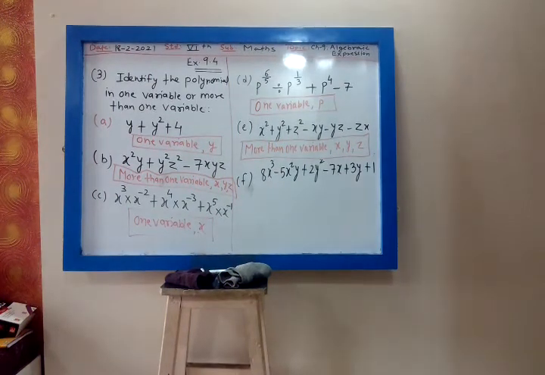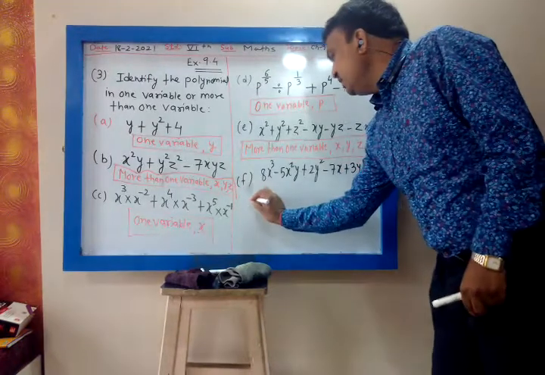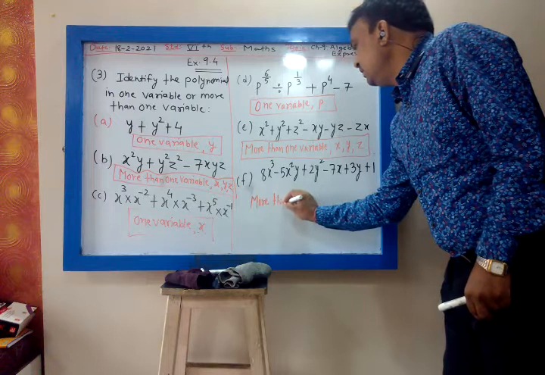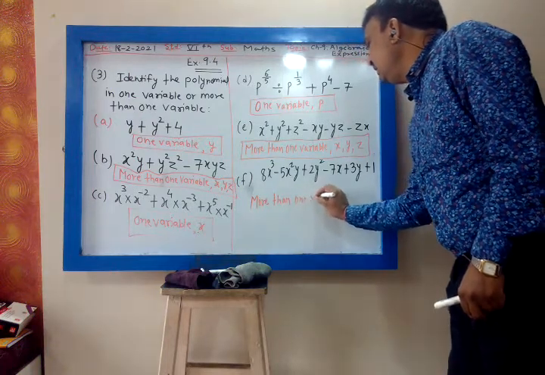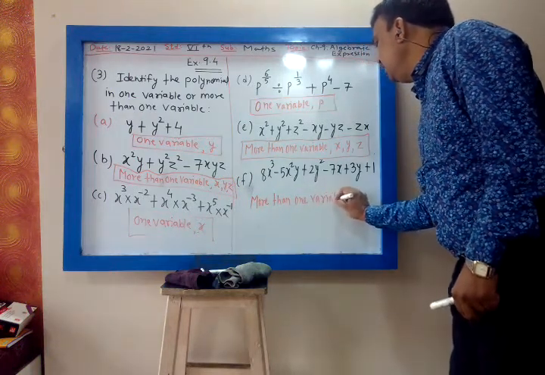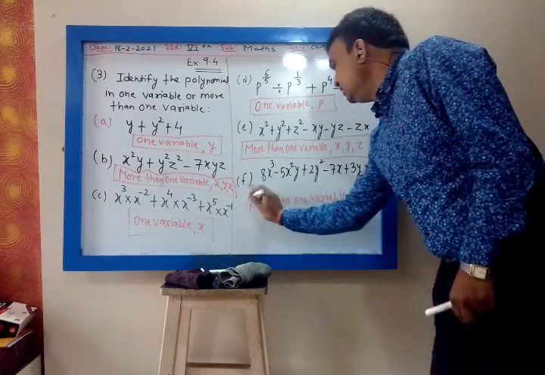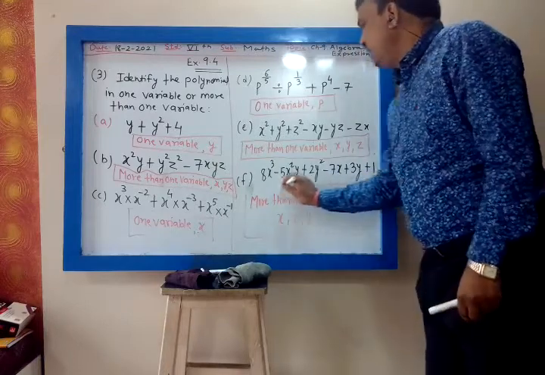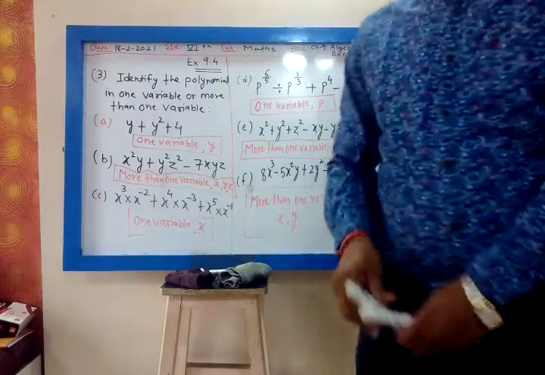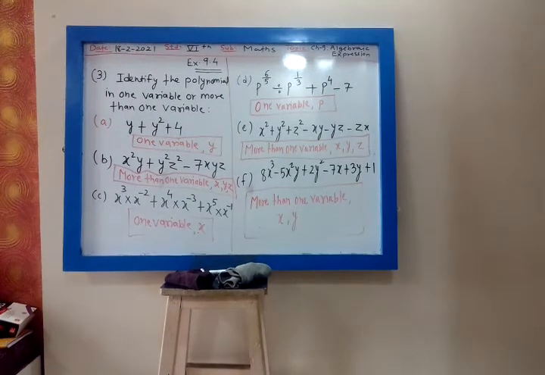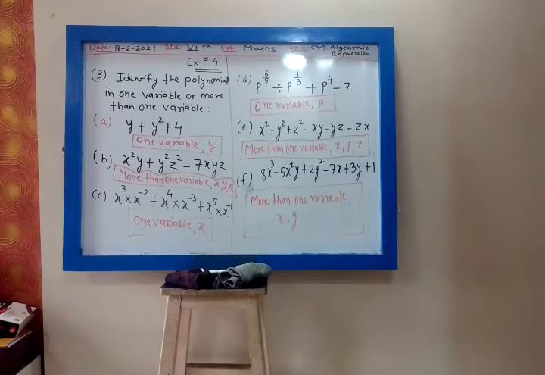So write down more than one variable, and the variables are x, y. So in this you have to find the number of variables, whether it is one variable or more than one variable.